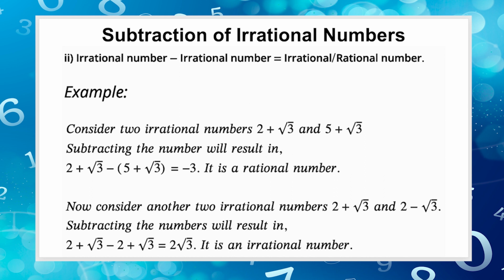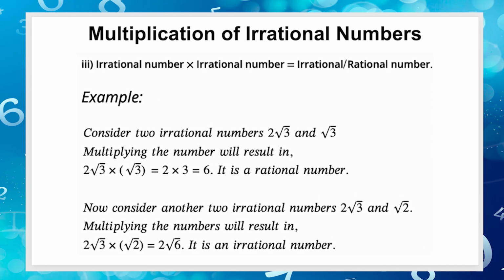It is an irrational number. Again, we concluded that on subtracting an irrational number from an irrational number, we may get an irrational number or a rational number. Let us understand multiplication of irrational numbers with the help of examples.